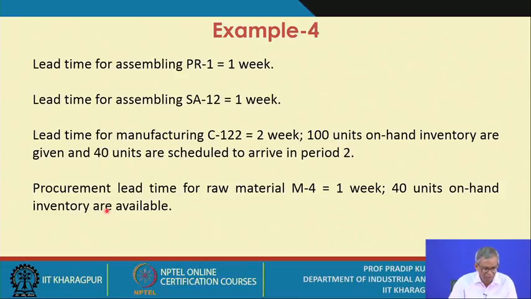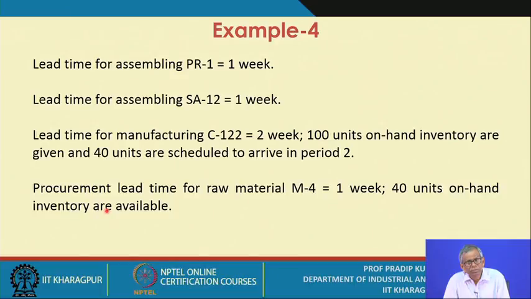Now, the lead time for assembling PR1 is 1 week. The lead time for assembling sub-assembly 12 is also 1 week. So, lead time information is a must, and please make a note that we are assuming that the lead time is known.